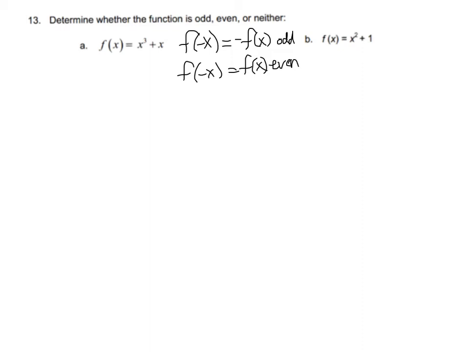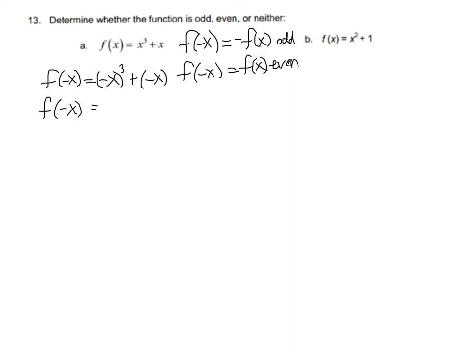So not all functions are considered odd or even. There are many, many functions that are neither. In fact, infinitely many. So all we have to do is say, what is f of the opposite of x? So if I plug in the opposite of x into each location of x in the function, and then evaluate and simplify.